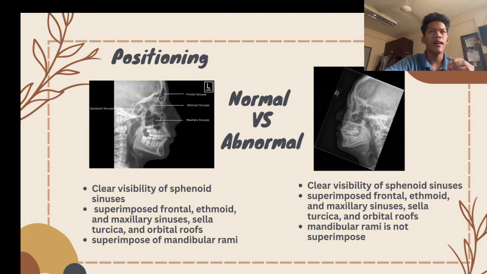We see two lines at the mandible, which means the head is tilted a little bit to the right. To correct this, tilt the patient's head slightly until the MSP is parallel to the IR.